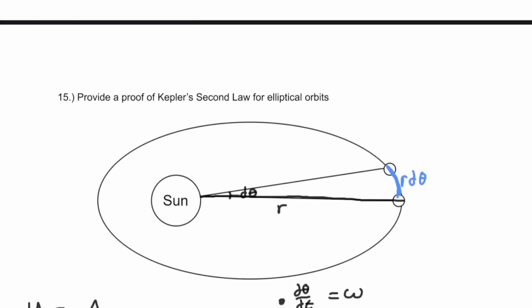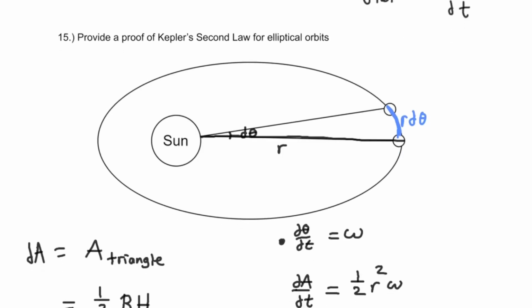recall that the net torque on a particle is equal to the rate of change of its angular momentum. So if we have no net torque, we have no angular momentum change.